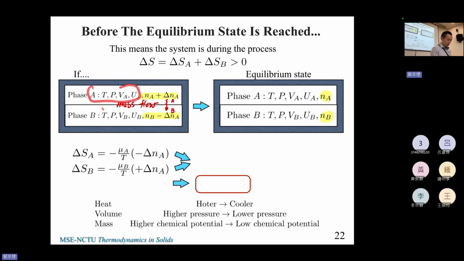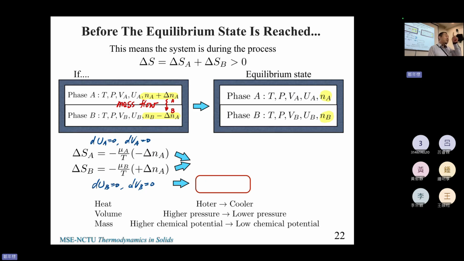The remaining part, they already reached the equilibrium state. No problem. All right. So now, as we see, UA equal to 0, VA equal to 0, and UB equal to 0, VB equal to 0 because they are already reached the equilibrium state.